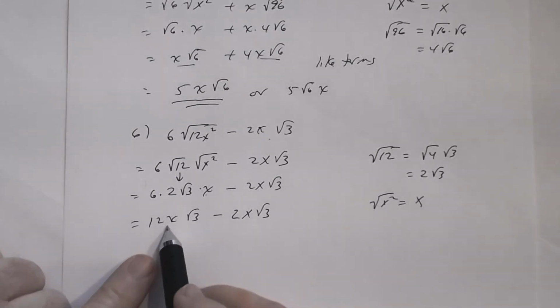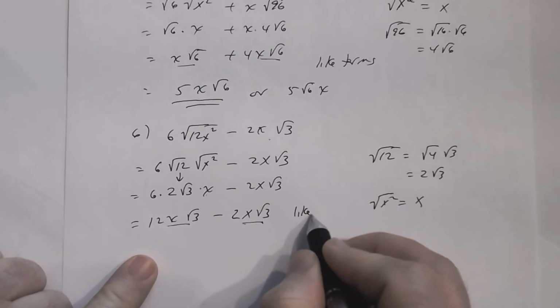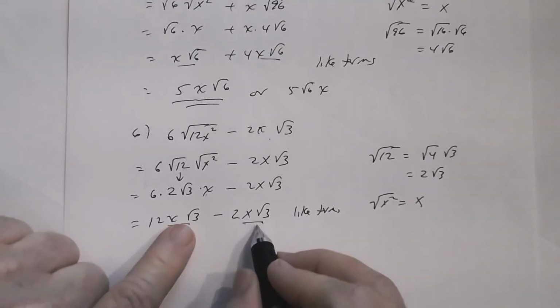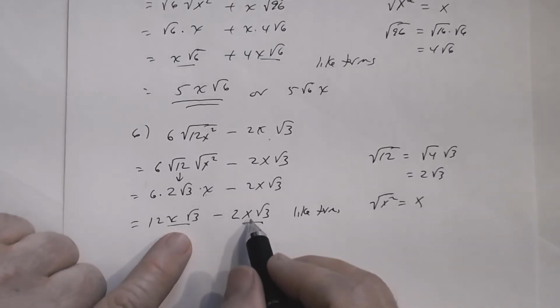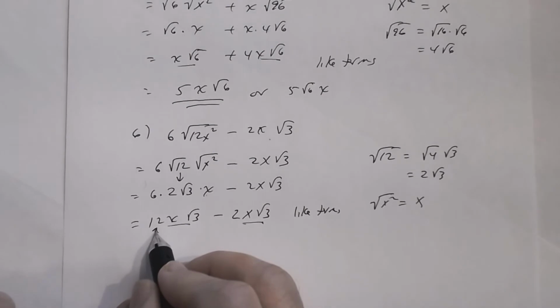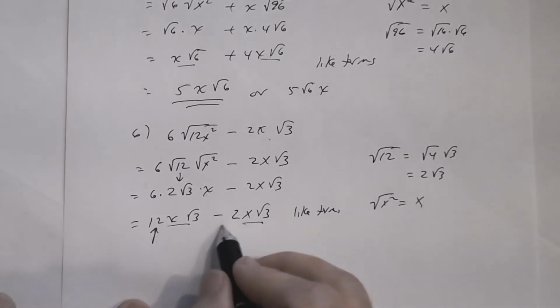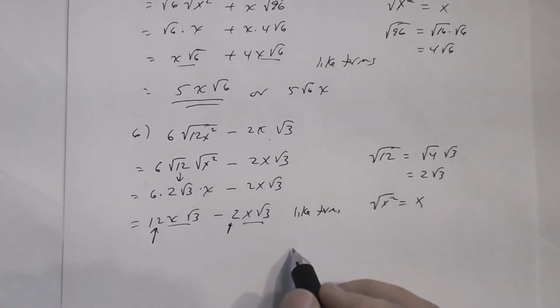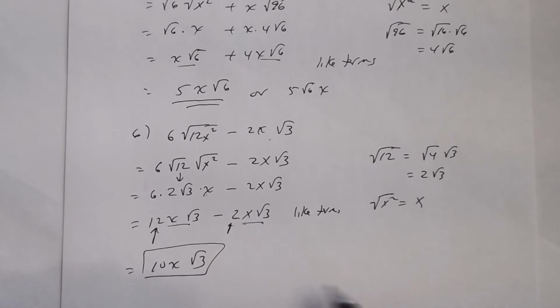Yes, because they both contain x square root of 3. So the radicals are the same, the index is the same, and the radicand's the same, and they both have a factor of x to the first. So then all I need to do is look at the coefficient. The number 12 minus 2 is 10. So I get 10x square root of 3. And so that's the answer.